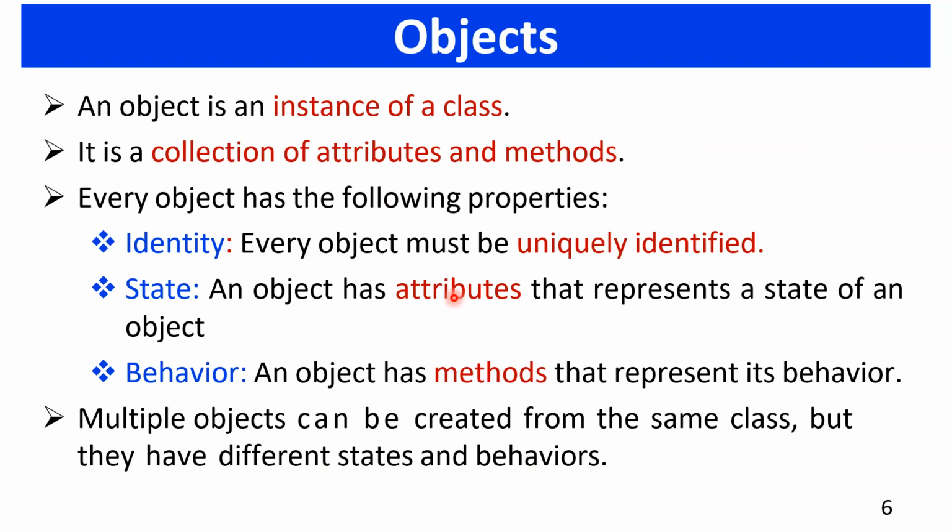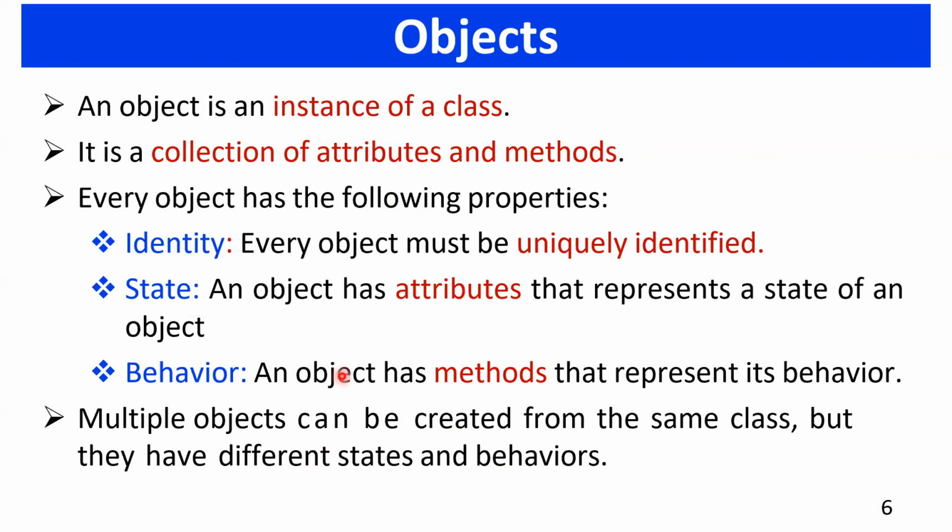If you create objects of that class, each object will have its own values for name and age. That is called the state of the object. For example, a person has the name Ram and his age is, say, 25. So this name Ram and age 25 are said to be the attributes of that object.